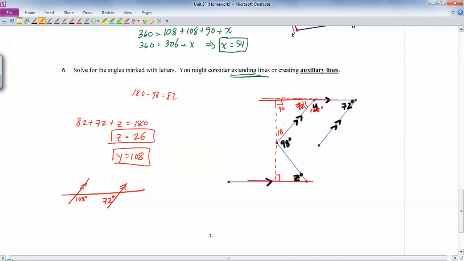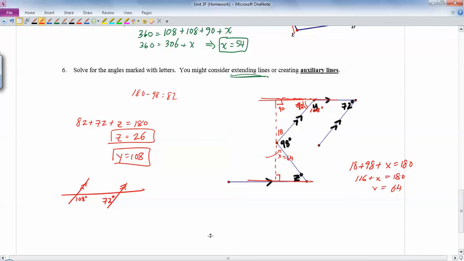And then I've got an 18 degrees and a 98 degrees. So this angle, let's see, 18 plus 98 plus, I'll call that x, x will be 180. So let's see, 18 plus 98, 116 plus x equals 180. So then that will be 64 degrees.